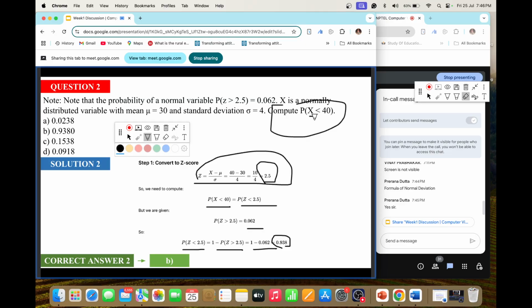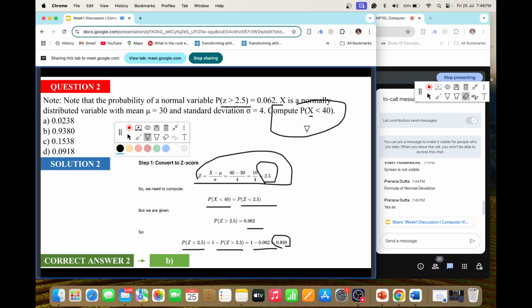What is given is the probability of z greater than 2.5. So by seeing the question, you can understand that you have to convert this x to z. If we can convert x to z, we can find the answer.